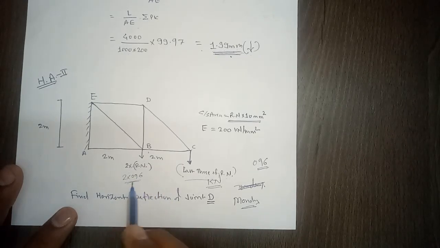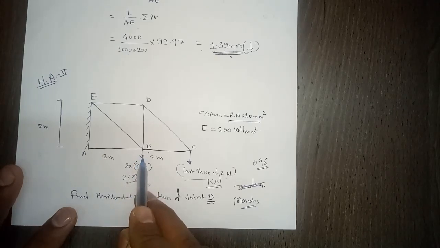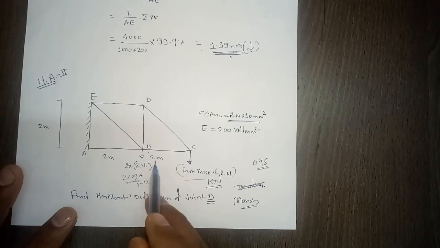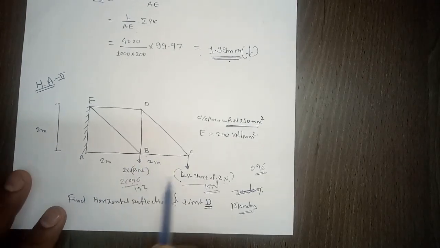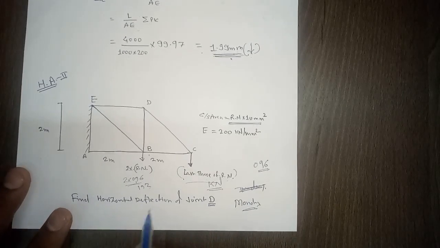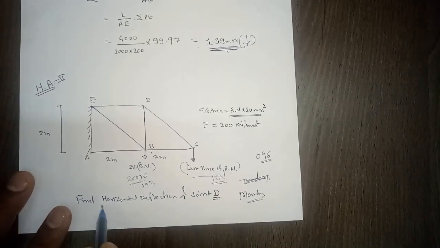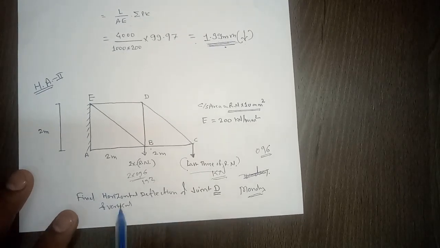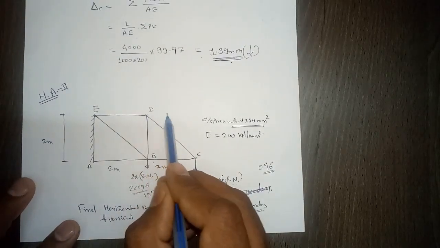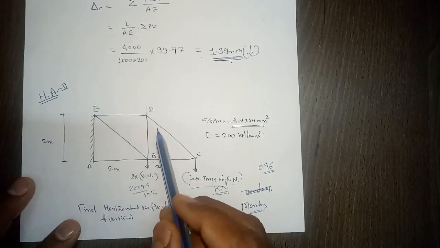This much force you have to apply, so it will be 1.92 kilonewton at point B. But what you have to calculate is horizontal and vertical deflection.